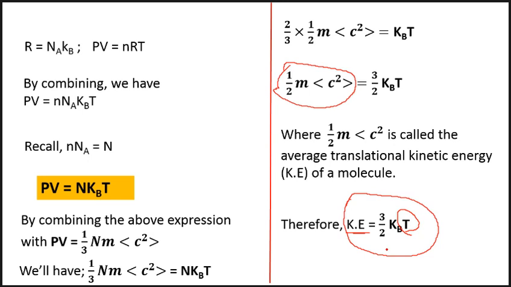So in other words, it can be deduced that average kinetic energy is directly proportional to the temperature, meaning that temperature is a measure of the average kinetic energy of gas molecules. It's just as simple as that.